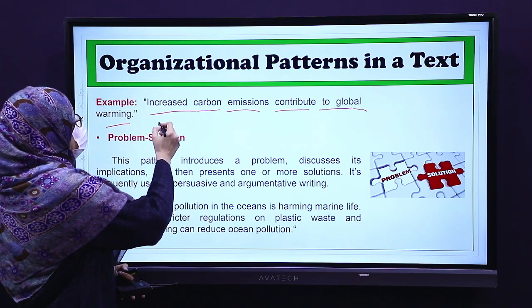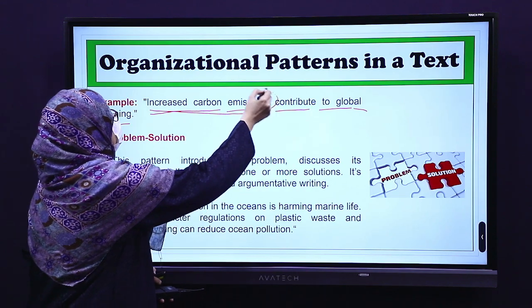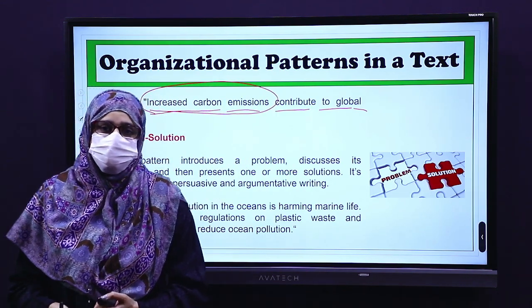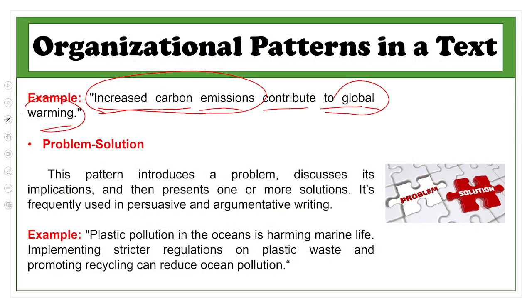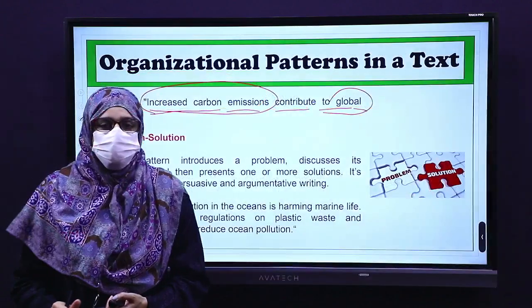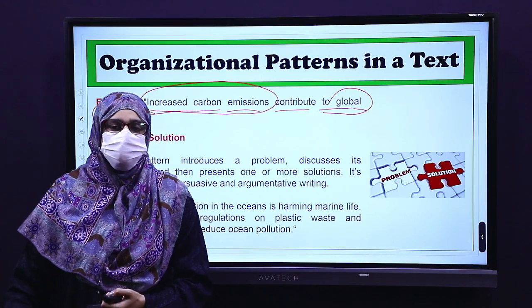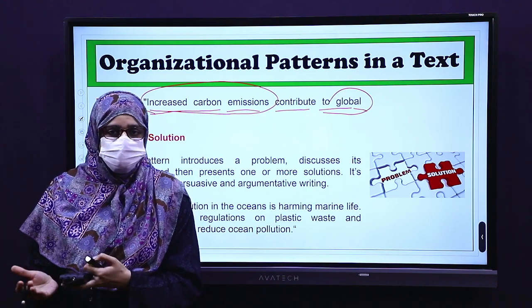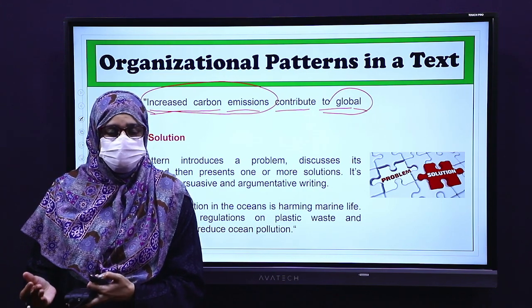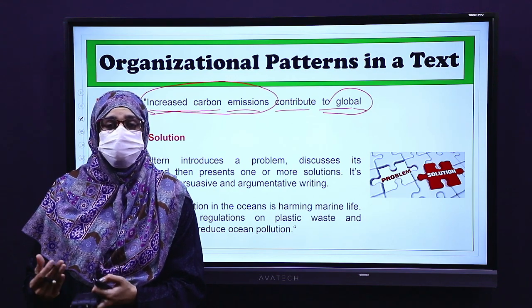What is the cause here? Increased carbon emissions. And what is the effect being shown here? Global warming. So, in order to organize a text, we use different organizational patterns, either listing or comparison or contrast or cause and effect.